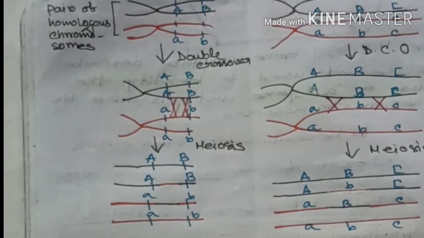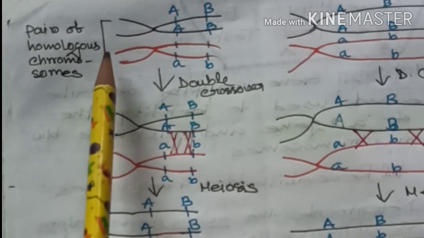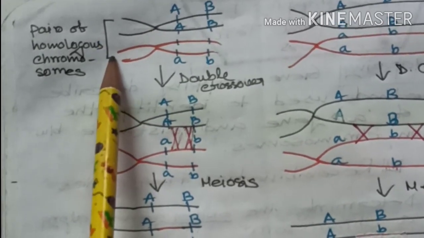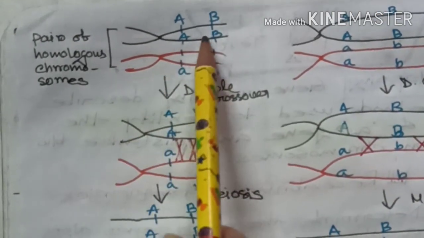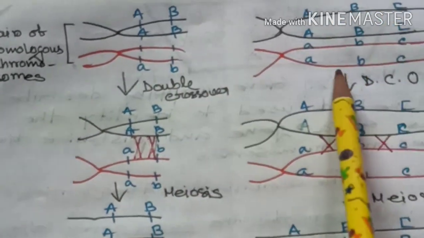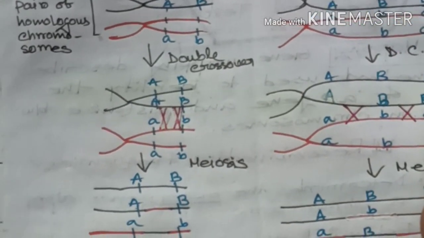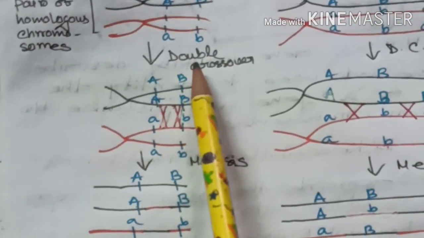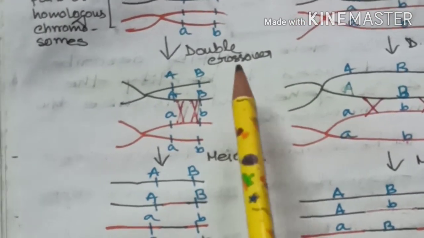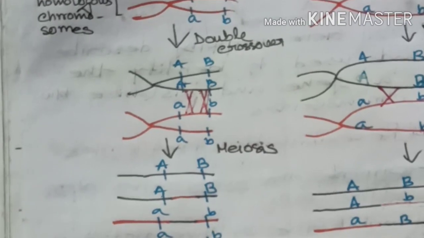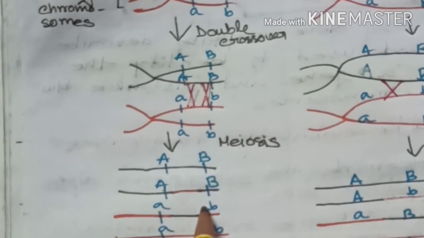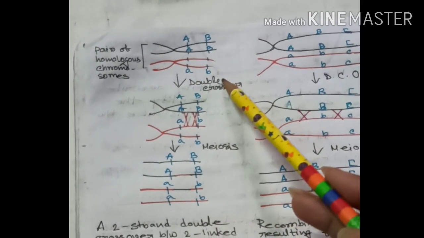Here I want to make clear why the 2-point test cross is rejected and the 3-point test cross is more suitable for this purpose. First of all, these two chromosomes are a homologous pair, and here 2 genes are present on the chromosome, and here 3 genes are present. After double crossover and the process of meiosis, the gametes will be formed, but the orientation of the genes is the same as before.